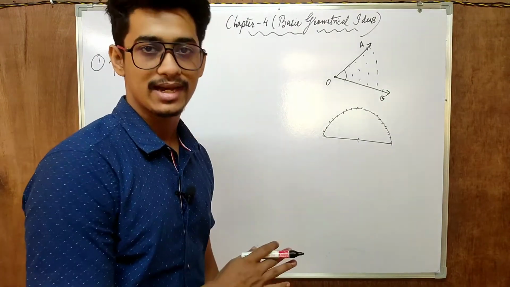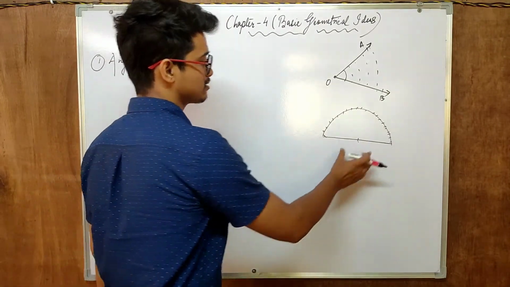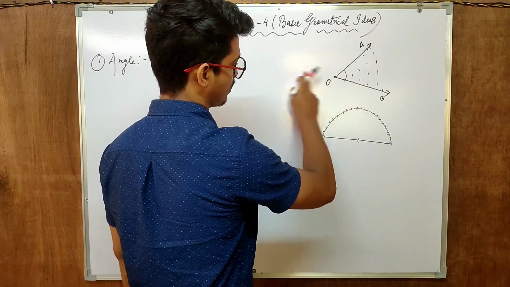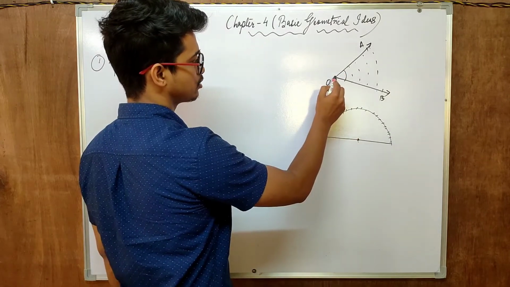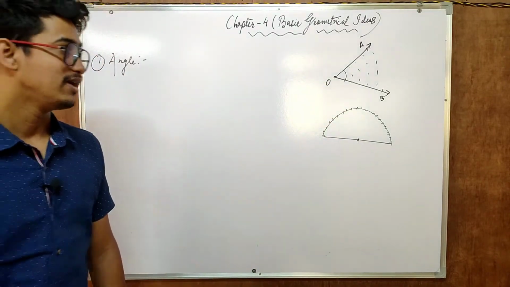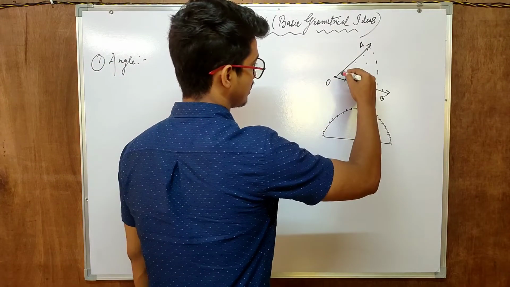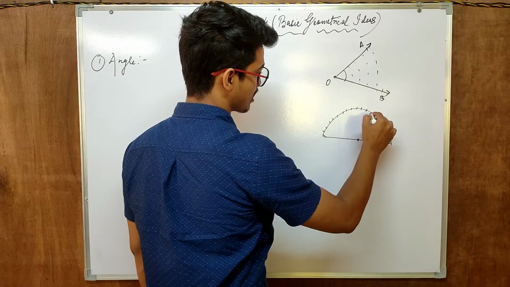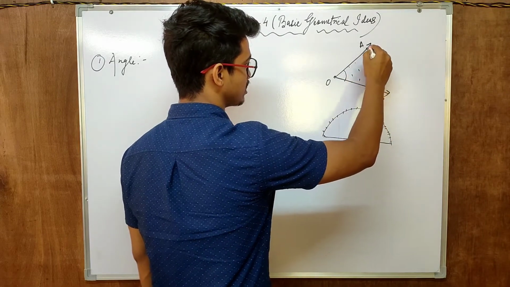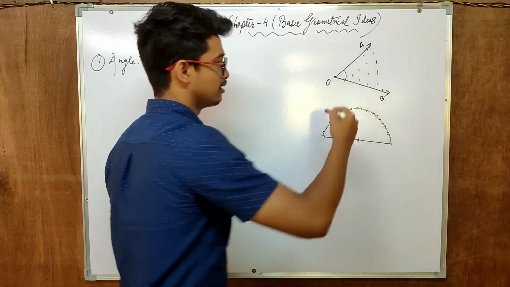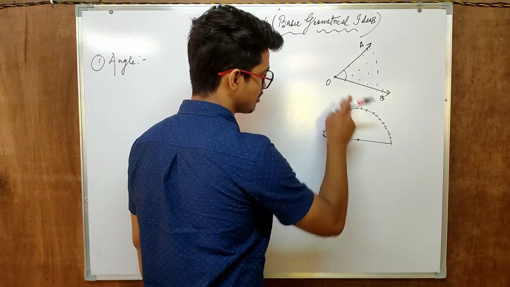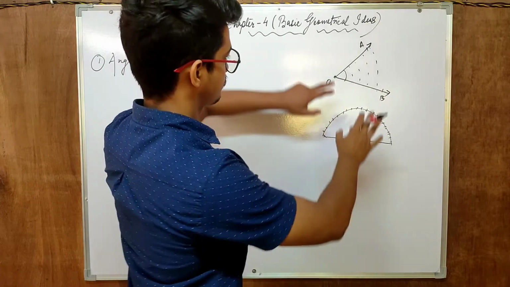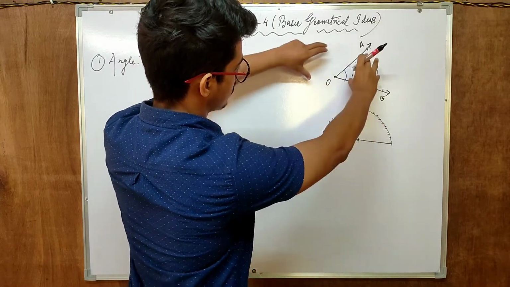To make that simple, we put this protractor over here, and this starting point will coincide with this starting point, and the markings will align with this line. Do you understand?